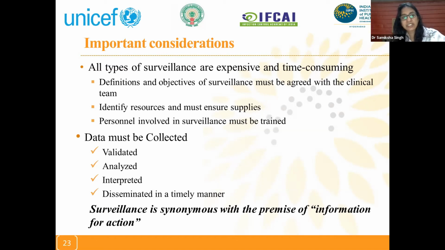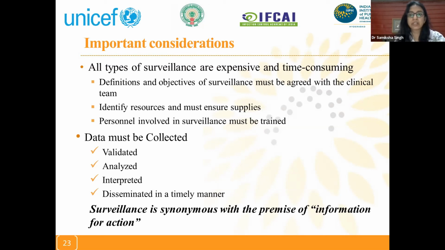Important considerations for surveillance, that all types of surveillance are expensive and time consuming. So be careful and define as much as you can your objectives, your indicators, and ensure that all the team members agree to it, including the clinical teams, right? Not just that the survey people or the committee or the infection control team wants to do it. Somebody also has to diagnose, report and record.